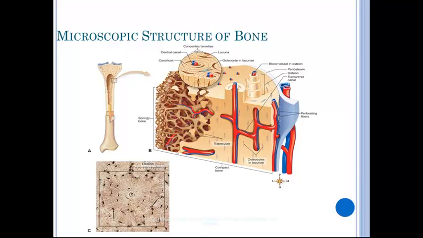So here is a picture of a microscopic structure of the bone. In A we have a picture of our long bone. We've taken a section, and now you can see what it looks like in B. B shows that the compact bone forming the hard shell of the bone is constructed in cylinder-like units called osteons. So cylinder-like, a big round circle, as you can see up here.